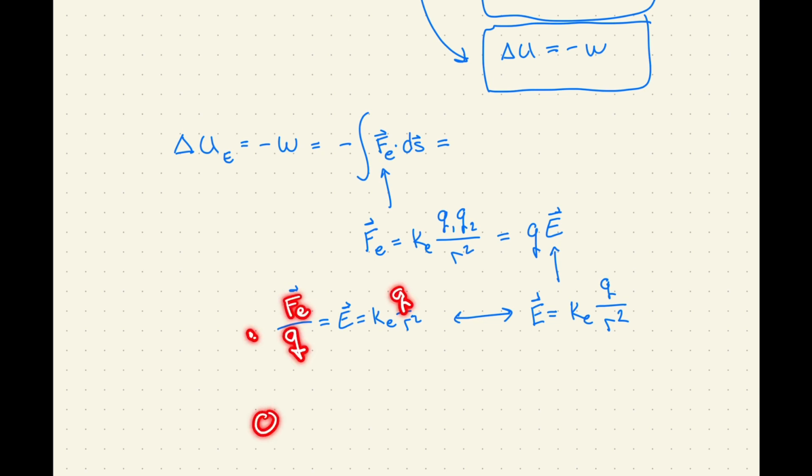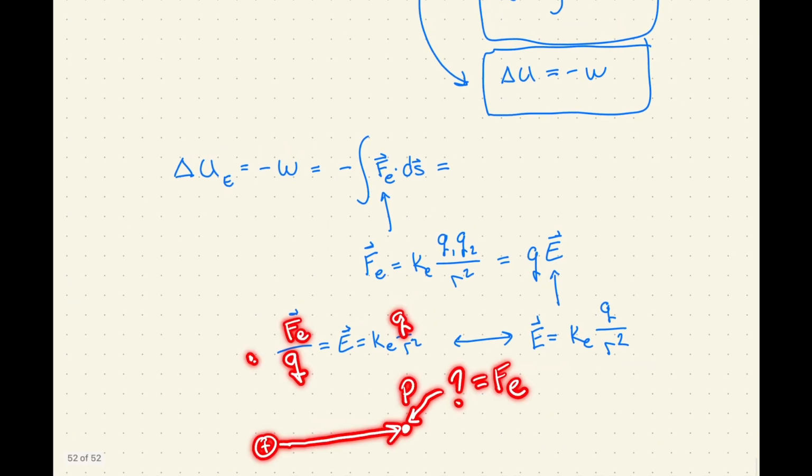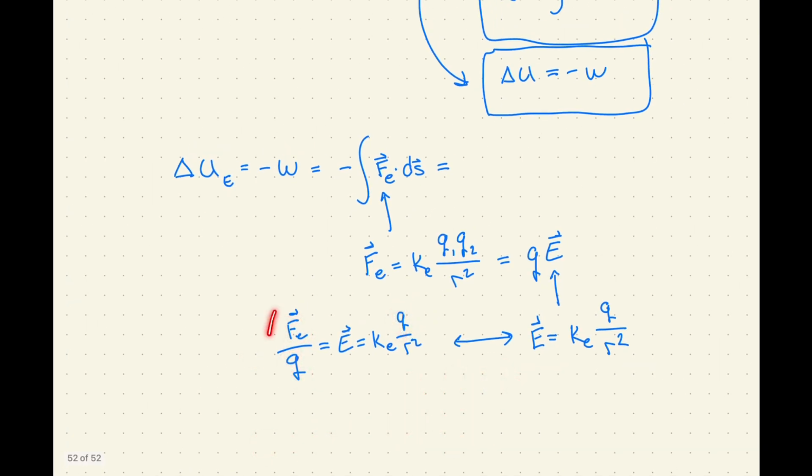So basically what we're saying is we have a point charge at this location, point P. What would be the force if we were to place in this location some charge Q? So that is this quantity, force per unit charge, newtons per coulomb. And this quantity we define as this new thing, the electric field.